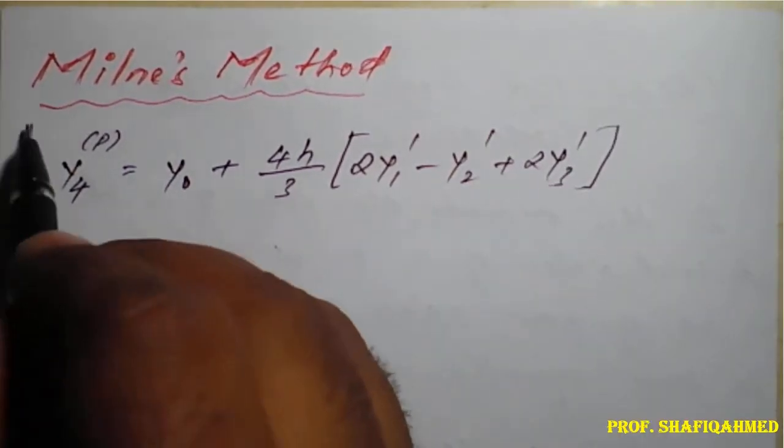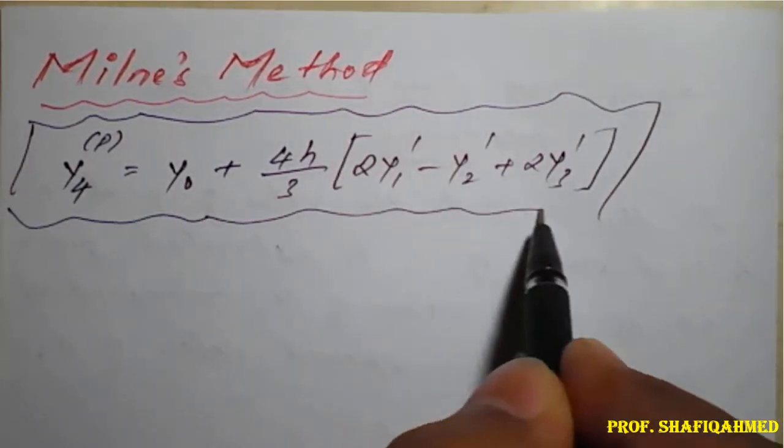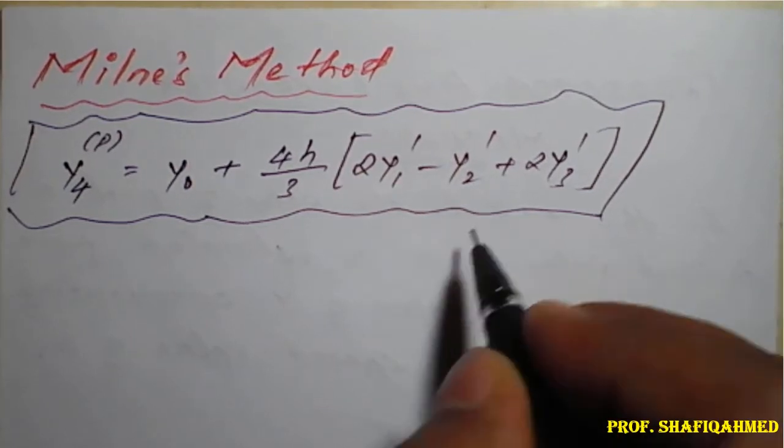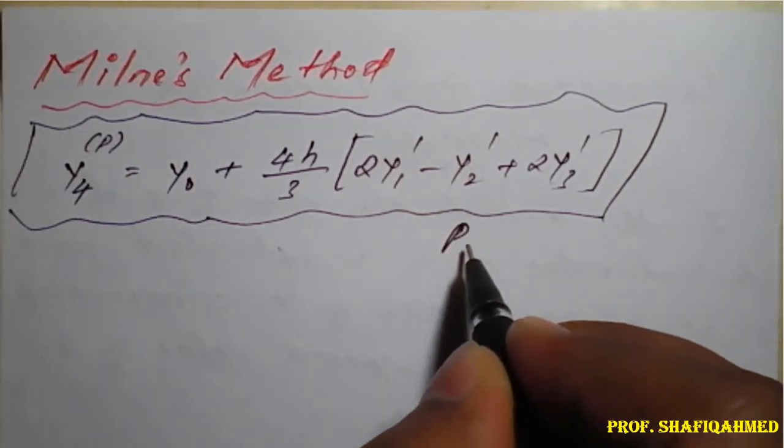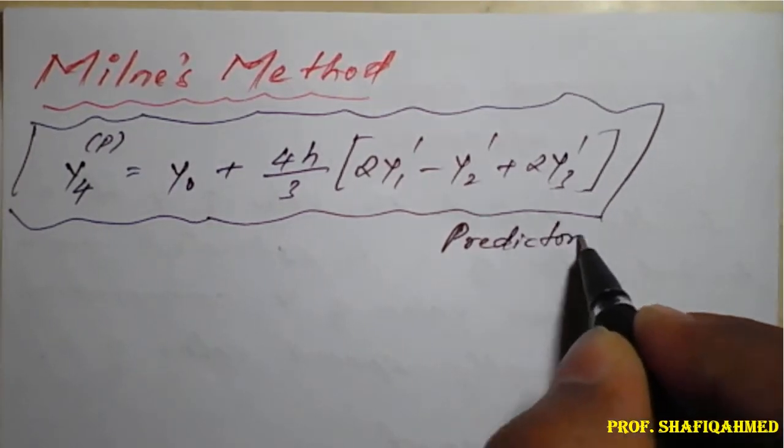This is the formula for y4 of p, which is nothing but the predictor formula.